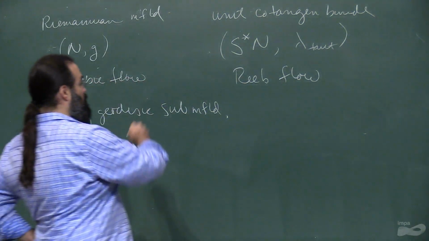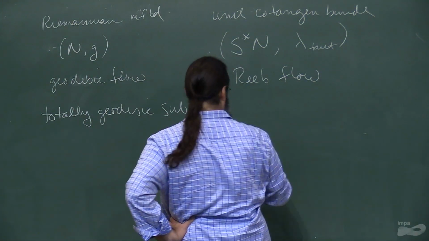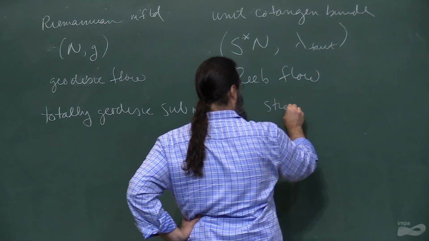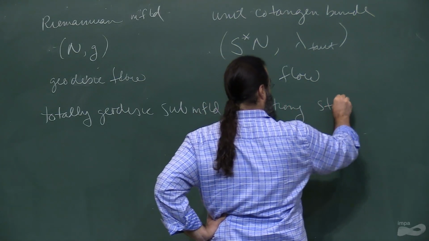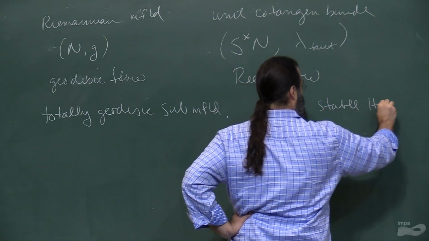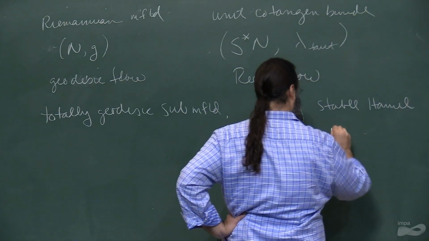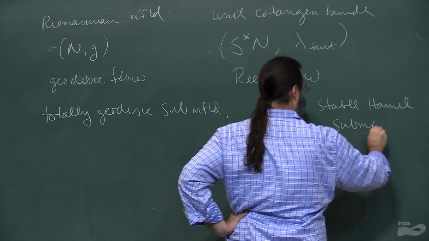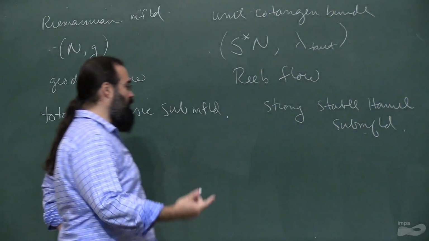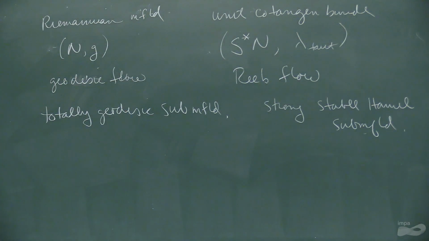These then, under this correspondence, will lift exactly to a strong, stable Hamiltonian submanifold. A strong contact submanifold, actually, in this case. So in the case of a contact manifold, this notion corresponds to what's sometimes called a strong contact submanifold. So it's a submanifold where the pullback of the contact form is a contact form, and the Reeb vector field is tangent to it.